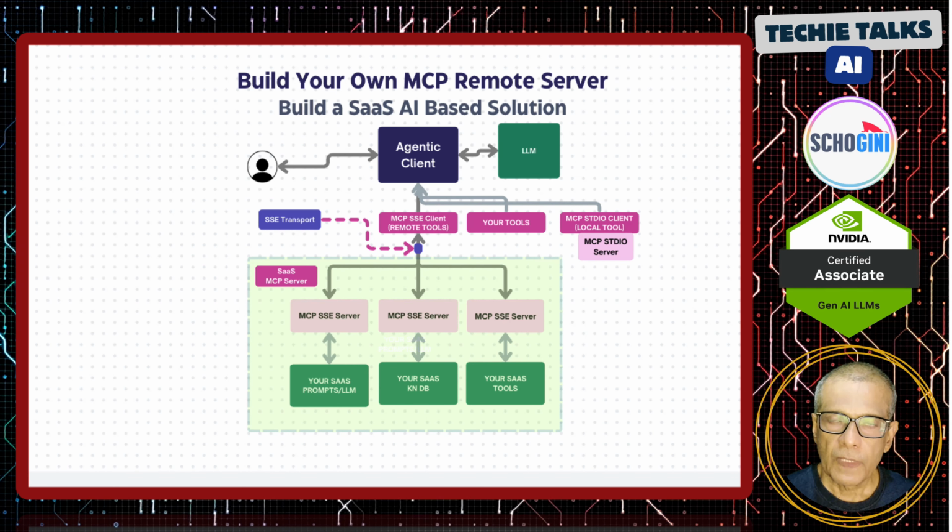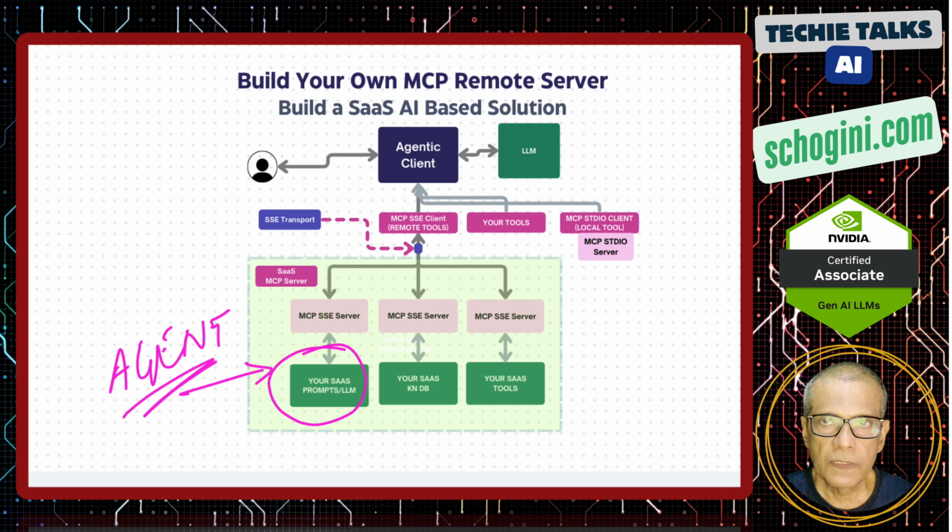Now, what is this video about? In this video, we are going to convert our remote SSE server to an agent. We saw a similar video earlier, but in this case, we are showing how we can have an agent that has your proprietary prompt.